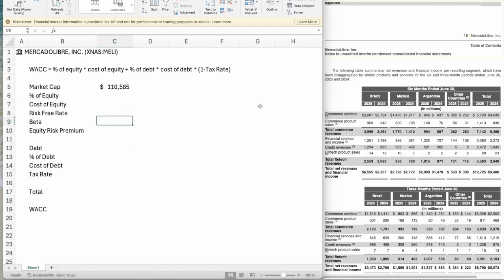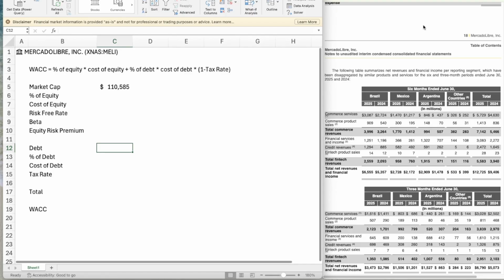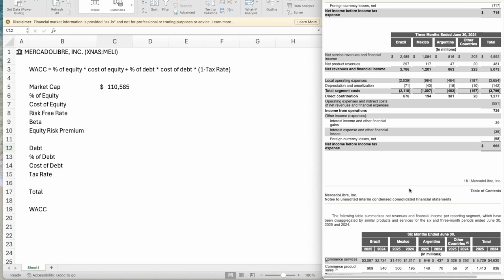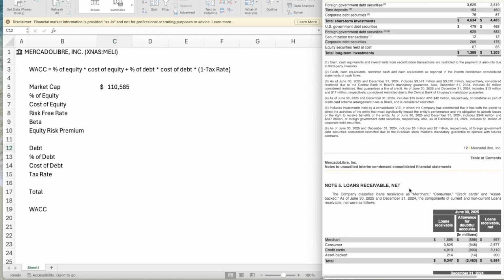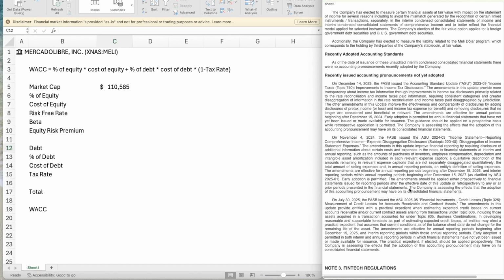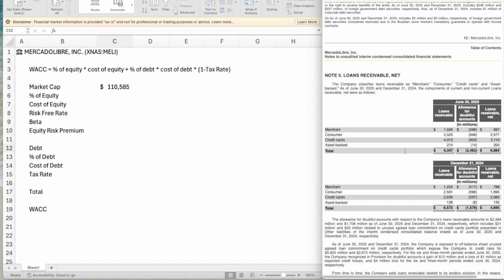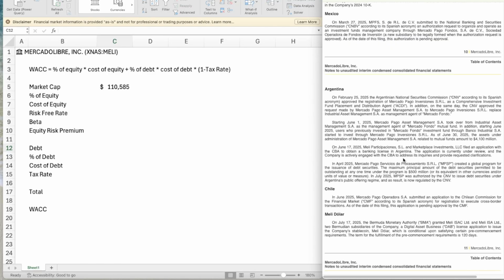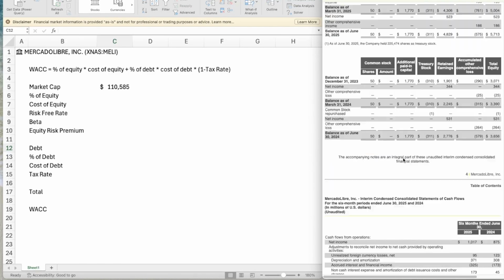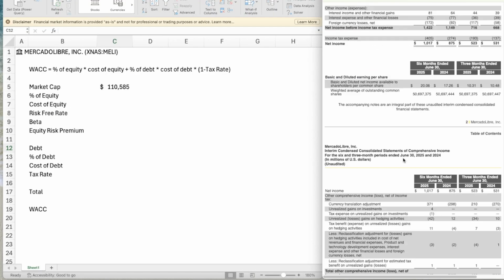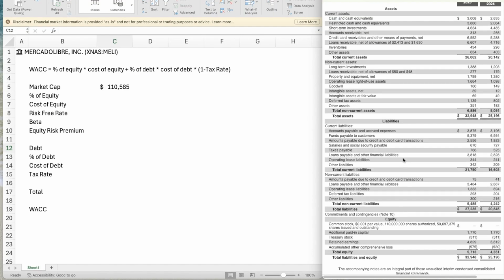And then we'll save the cost of equity because we're going to do that on another sheet, but we can work out what the debt is, and we do that by going to the balance sheet. So let me just remember what page this is on, number 19. Let's go to the balance sheet. Here we are.